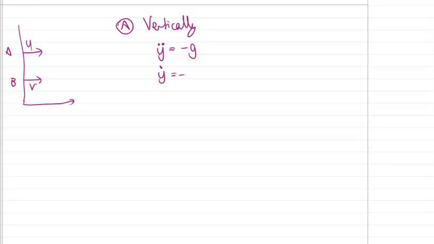The first derivative is negative gt plus my first constant. I know that at t equals 0, my y displacement equals 0, so that tells me that C1 is 0. So my first equation of motion there is just y dot equals minus gt.